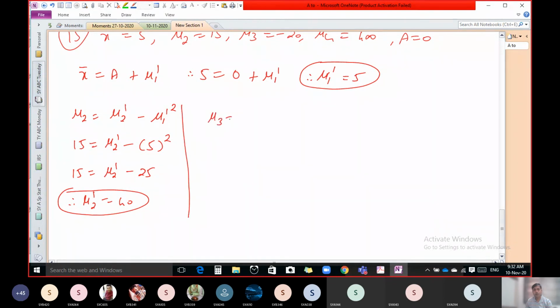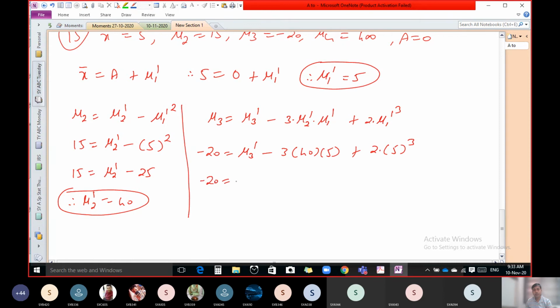Now use the formula of mu3: mu3 dash minus 3 times mu2 dash into mu1 dash plus 2 times mu1 dash cube. Put everything except mu3 dash. Mu3 is minus 20. Mu3 dash we have to find out. 3 into mu2 dash, now available as 40, into mu1, 5, plus 2 into 5 raised to 3.